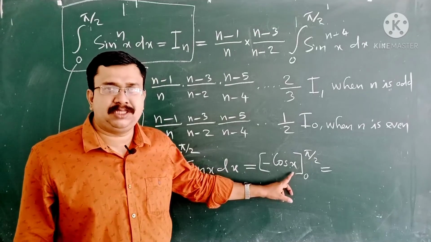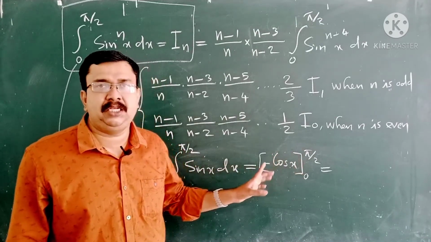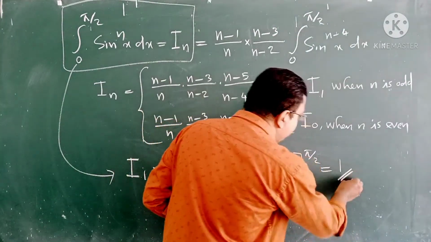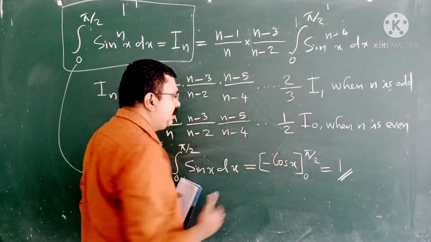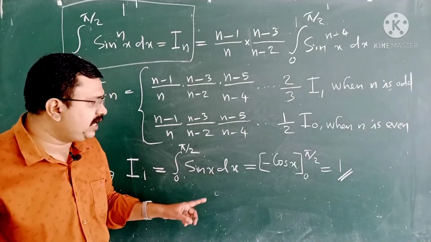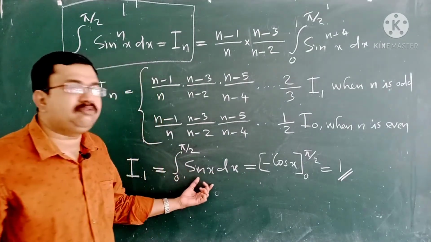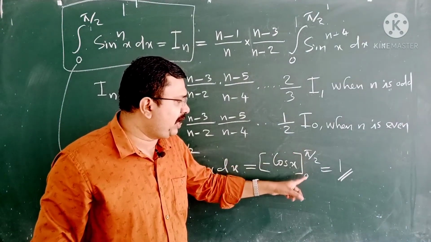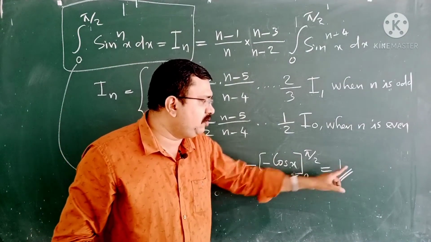We know that cos 0 is 1 and cos 90 is 0. Therefore, this is equal to 1. That is our I1.